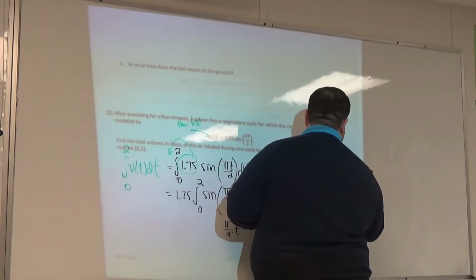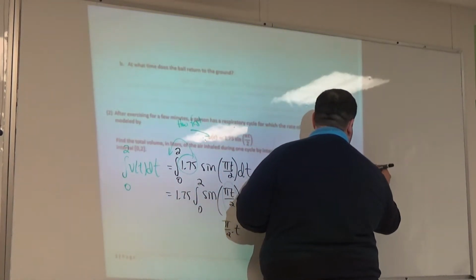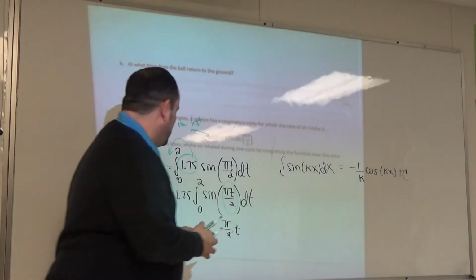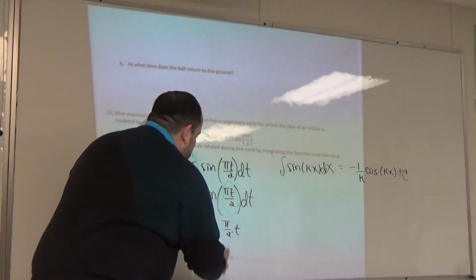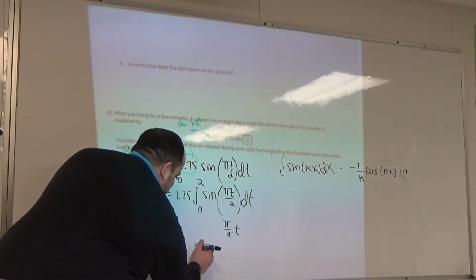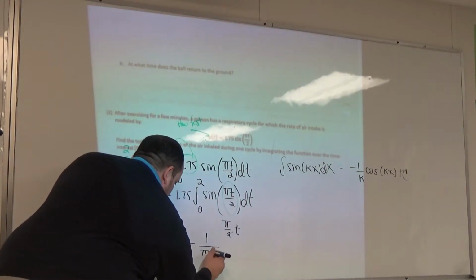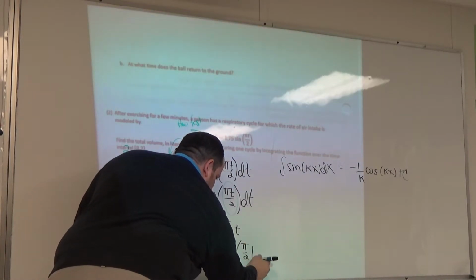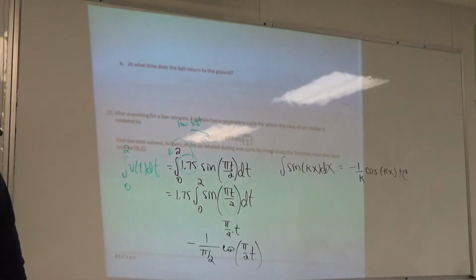And we know that that antiderivative has to be negative 1 over k cosine kx plus C. So the antiderivative of sine pi over 2 times t is negative 1 over pi over 2 cosine pi over 2 t.